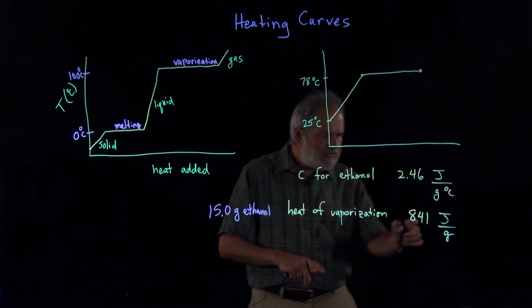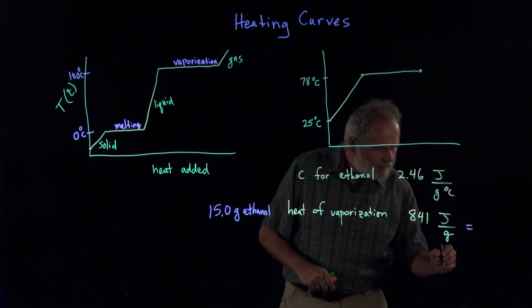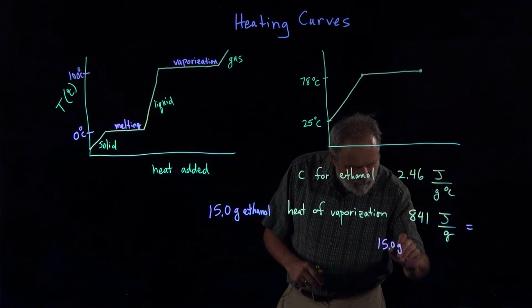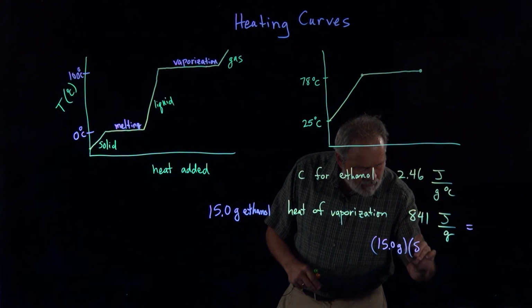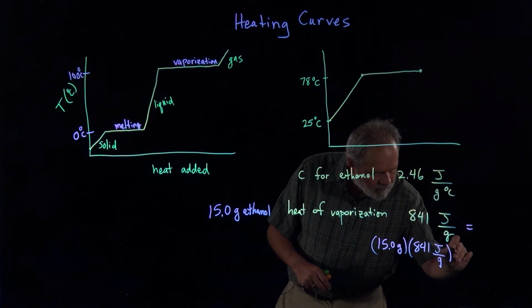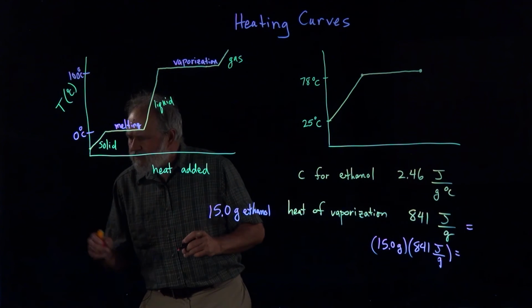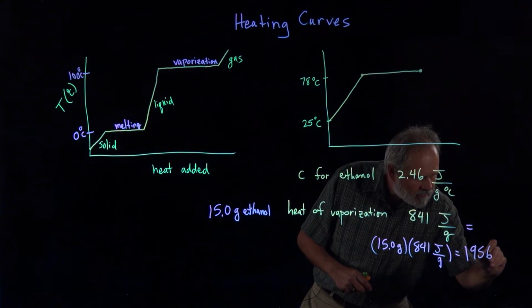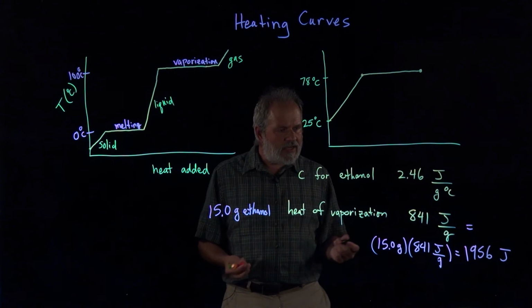So 15 times 841. I'll do explicit units analysis here. And that is 1956. We'll round off at the end. Joules, which is the correct unit.